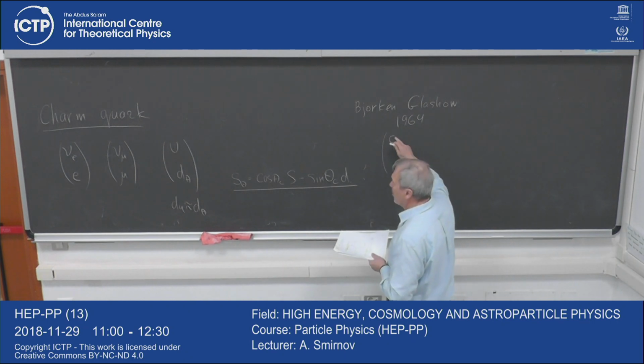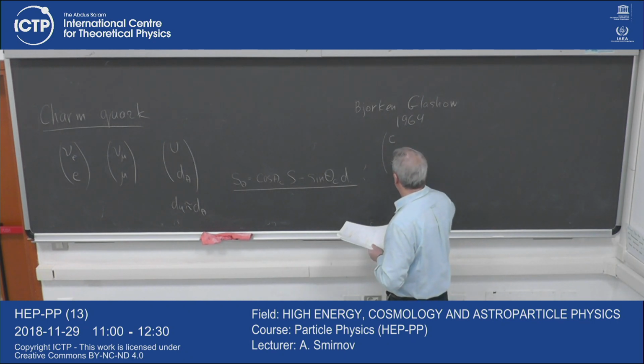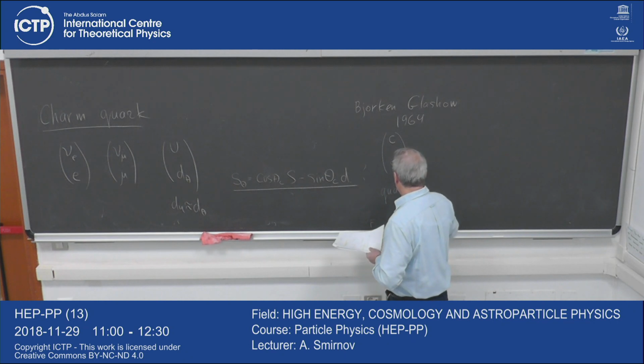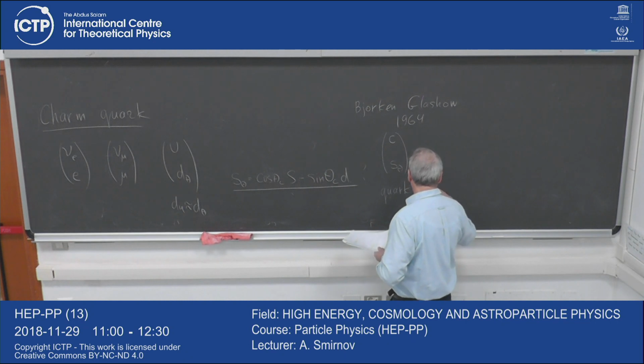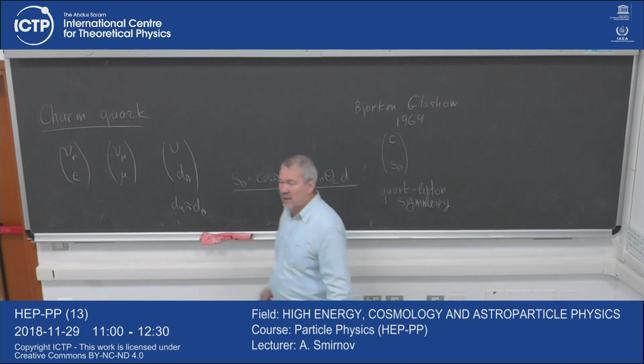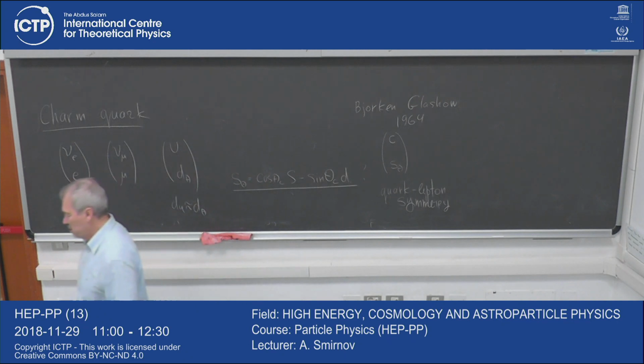And this charm quark probably forms a doublet with s theta. So this is what quark-lepton symmetry is, which is realized in full strength in grand unified theories; actually Glashow was one of the persons who started grand unification.